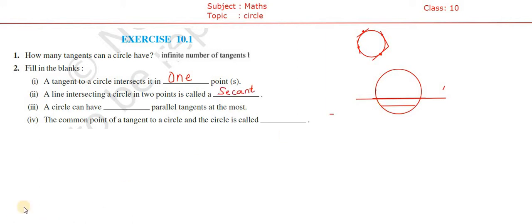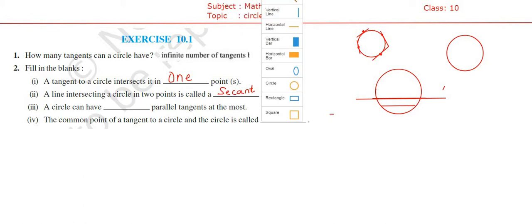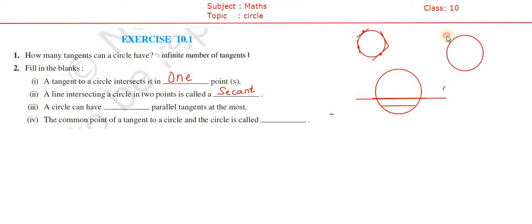Next, a circle can have dash parallel tangents at most. So what are parallel tangents? See, I'll draw one circle here. In this circle, this is one tangent.